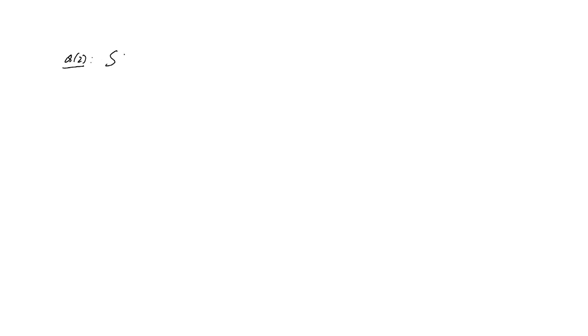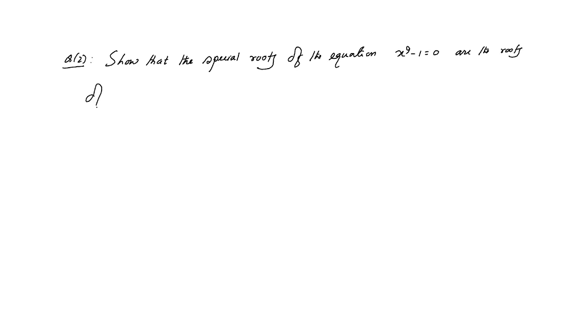Show that the special roots of the equation x to the power 9 minus 1 equals 0 are the roots of the equation x to the power 6 plus x cube plus 1 equals 0.